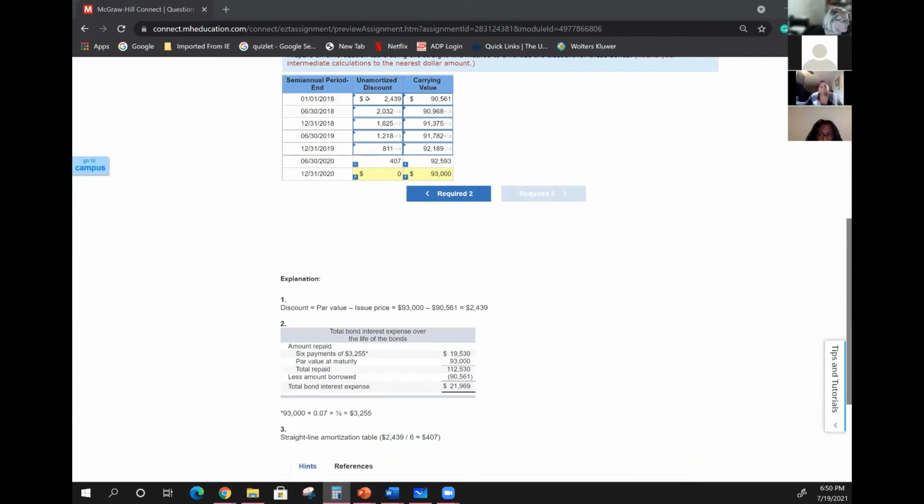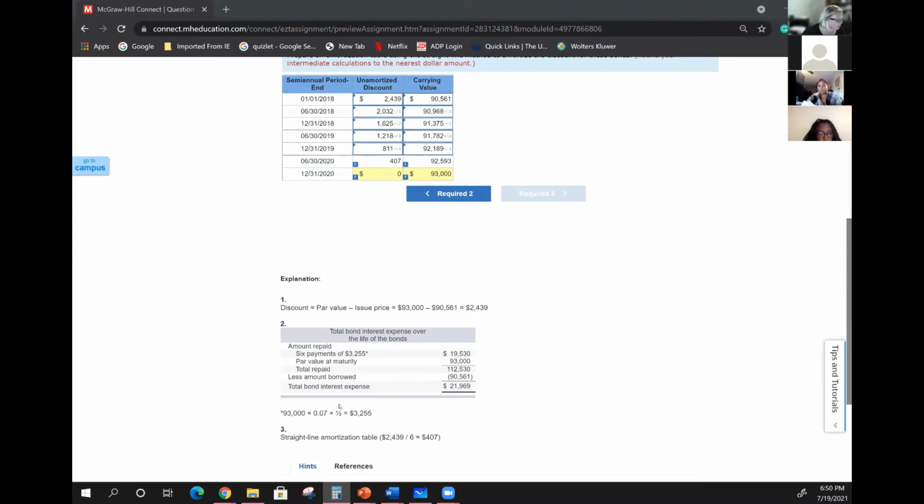So you have your unamortized discount, 2,439, and your carrying value, 90,561. On 6/30, when you make a payment, you're going to reduce that, right? Because you're making a payment and you're only reducing it by the 407. So you'll have the 2,439 minus 407. Now your unamortized discount is 2,032.